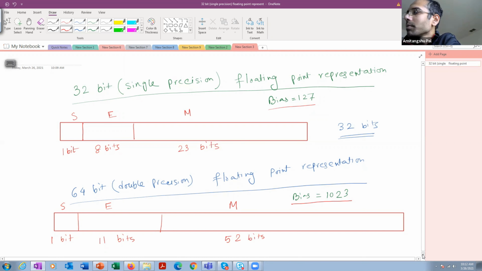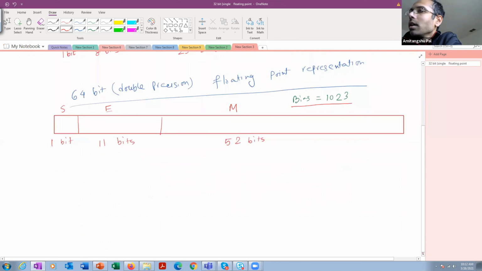For example, for representing a normalized value, the formula is (-1)^s times 1.mantissa times 2^(e minus bias). That's the formula for normalized values, right? The same formula we are going to use over here.